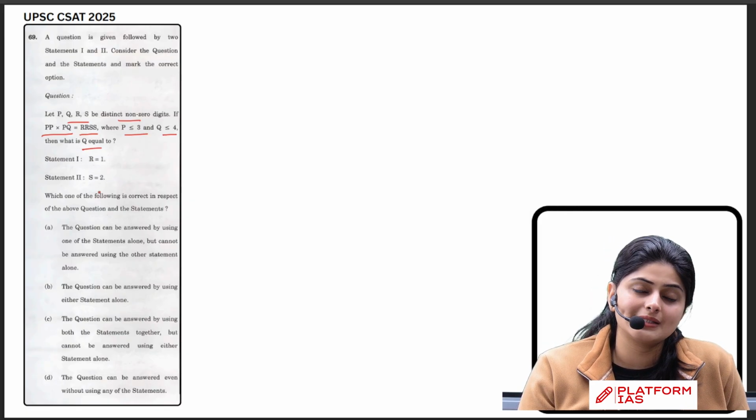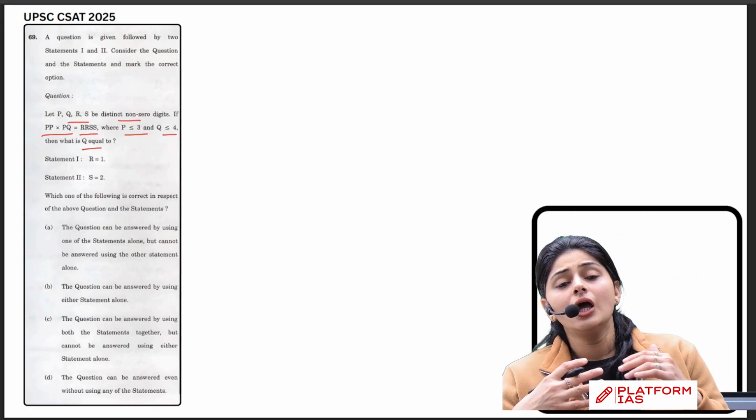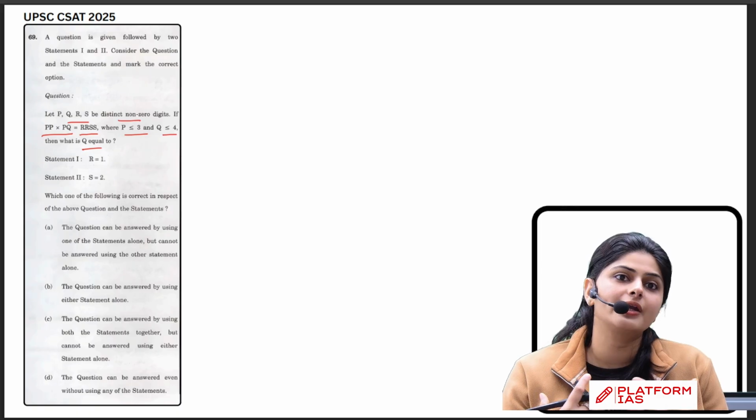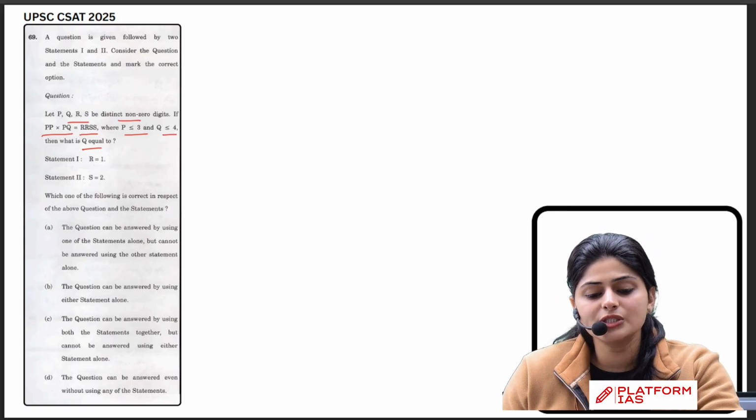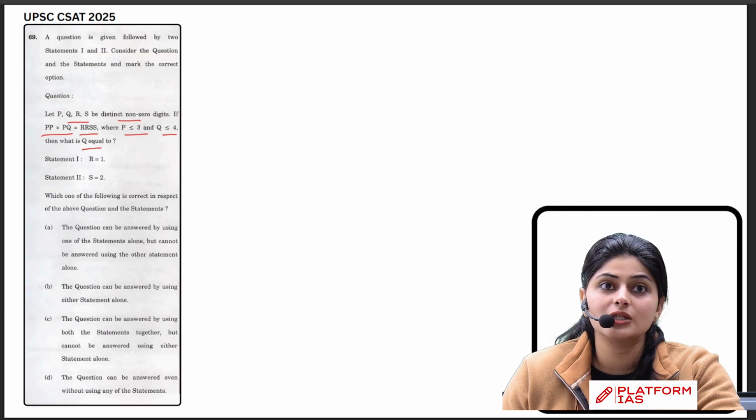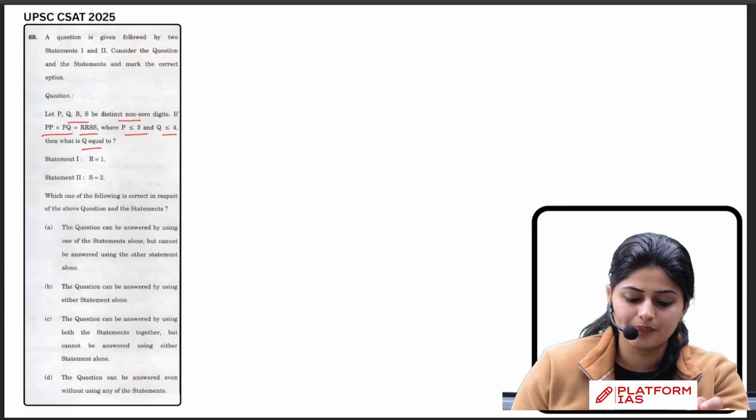Now two statements are given. The question can be answered using which of the statements, or can we find out the answer without using the statements? So first we will try finding the answer without using the statements.